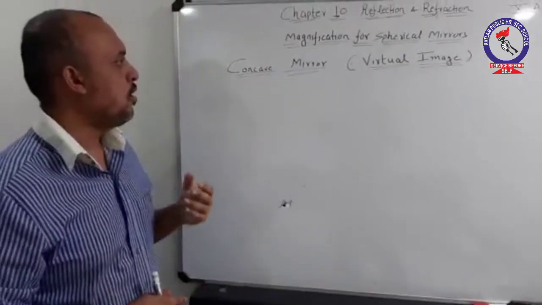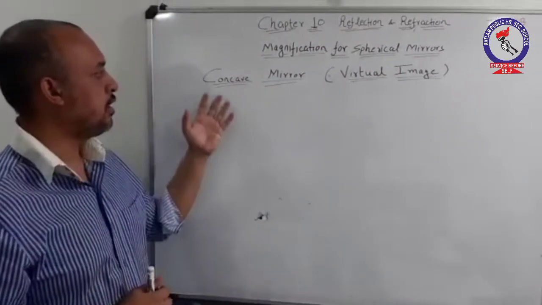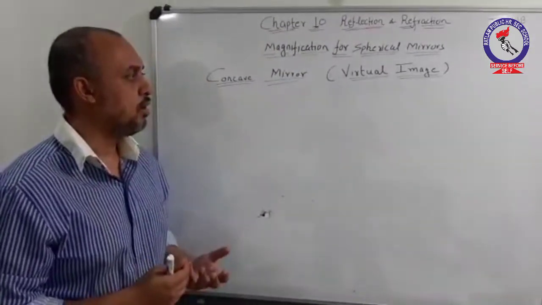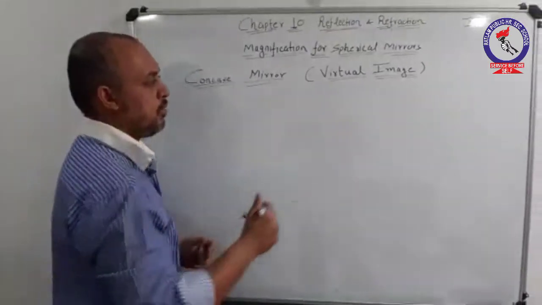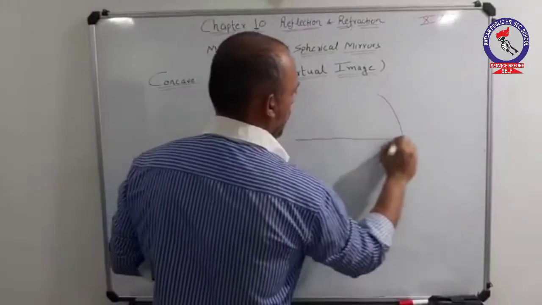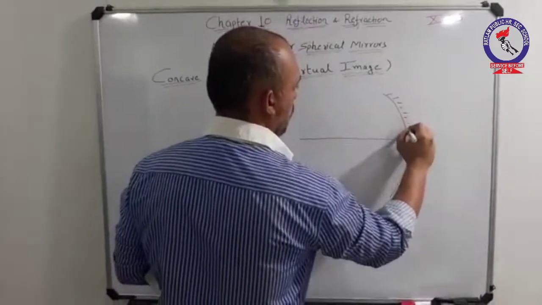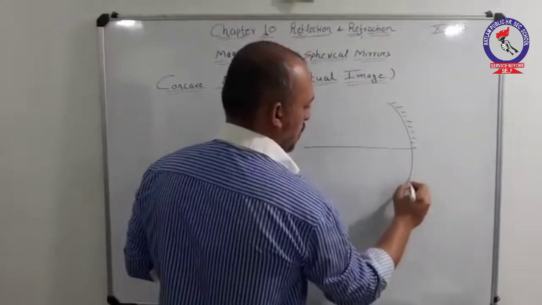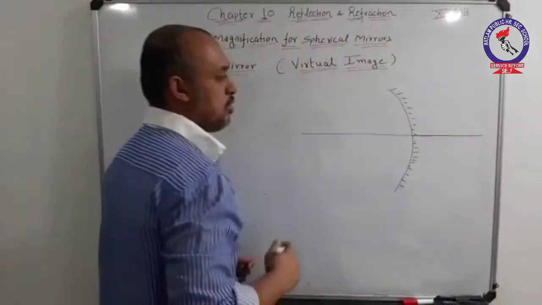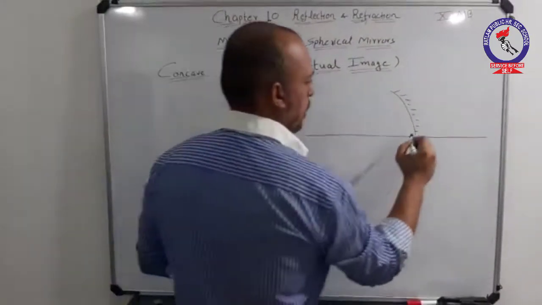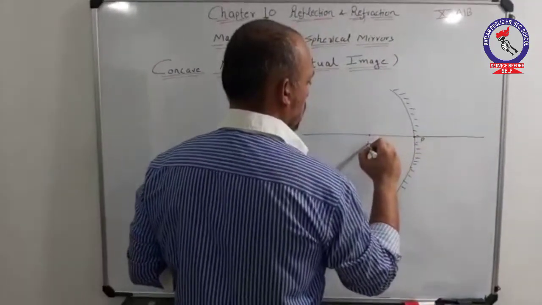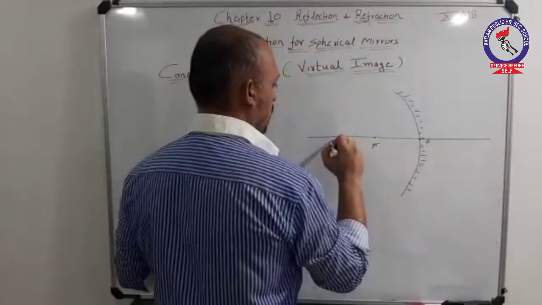As we are required to derive the magnification for concave mirror for virtual image, let's draw a case in which a concave mirror forms a virtual image. Consider a concave mirror, as it should be remembered that a virtual image is always formed behind the mirror, considering pole, focus and center.